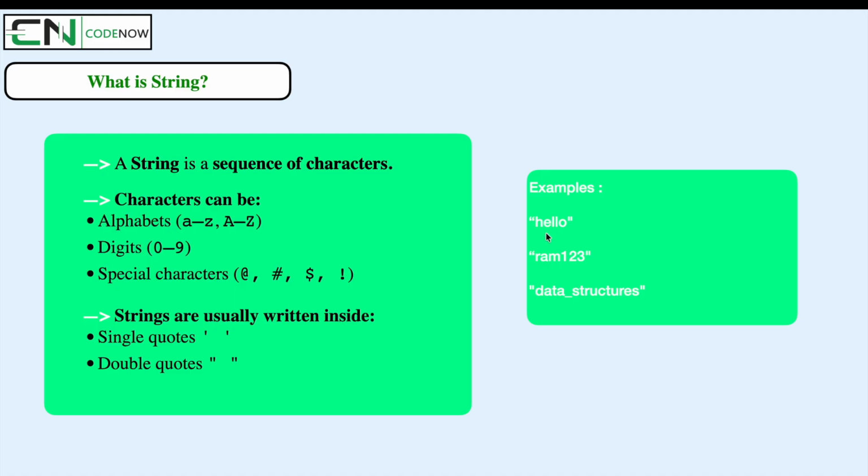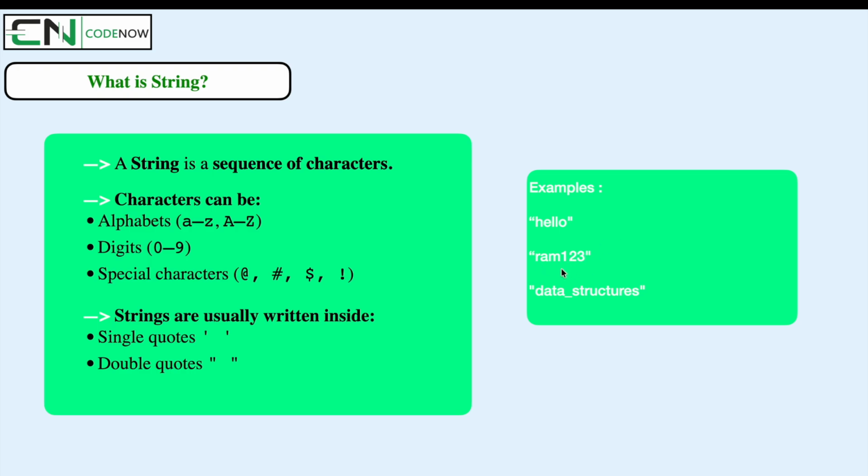Hello contains only alphabets. It does not contain any special characters or digits. Whereas the second example, "Ram123". What are the characteristics of a string? It should be written inside double quotations, so this is a string.